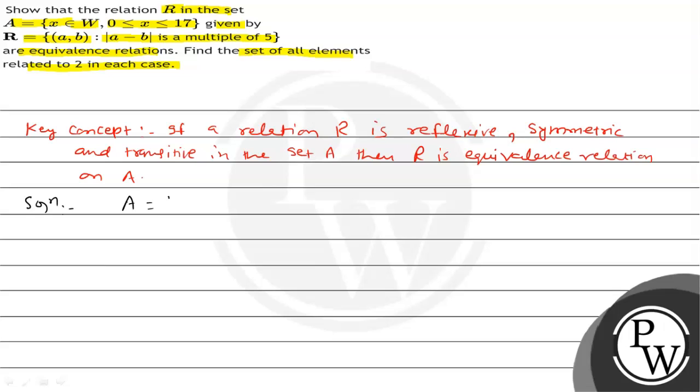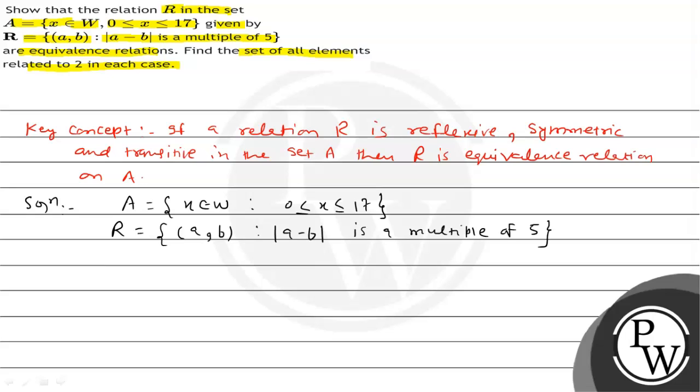Set A is given as x belongs to whole numbers such that x lies between 0 and 17, and relation R is given by a is related to b such that |a − b| is a multiple of 5. Then we have to show that R is an equivalence relation. So we will prove R is reflexive, symmetric and transitive on the given set A. Reflexivity.